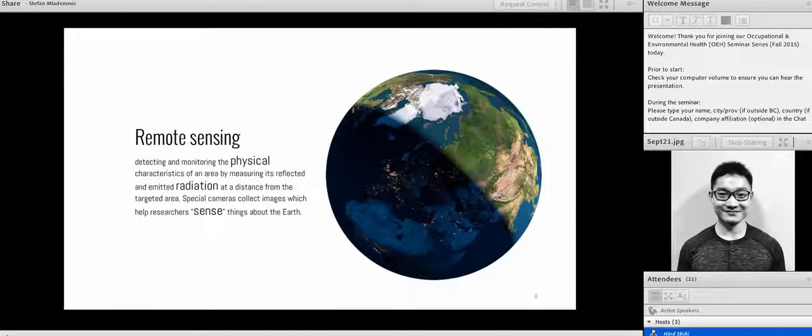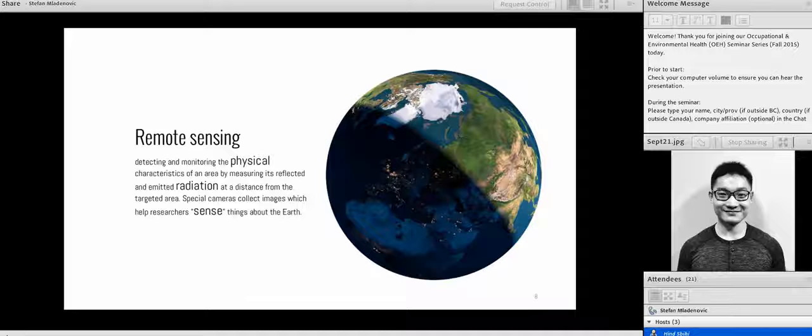So again, pixels are very fundamental in the study of remote sensing, which is the detecting and monitoring process of physical characteristics. Like I said, you're not building a model. You're actually measuring the energy reflected from the surface.